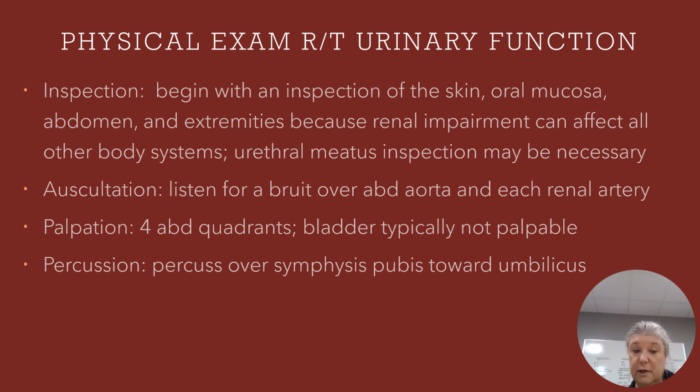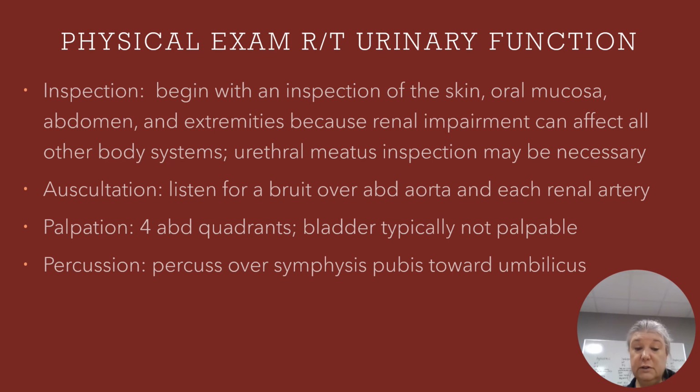That may be necessary, just to make sure that there's no outward physical manifestations of anything that may be contributing to urinary function. You could have masses, you could have, if their skin is excoriated, it may be painful to urinate, anything like that. So anything on the outside that we can see.